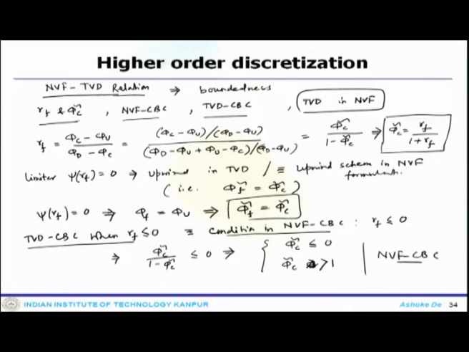Now, in addition to that, in NVF CBC, the functional relationship has to increase monotonically in the region where phi c tilde lies between 0 and 1.